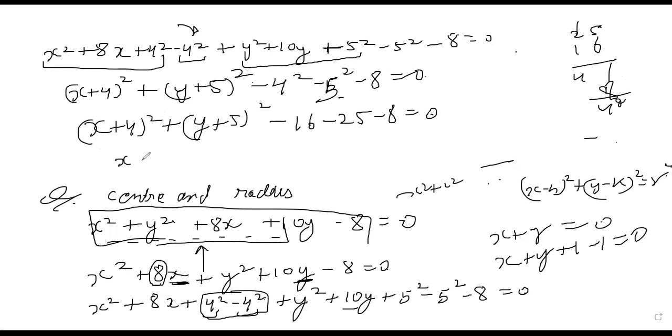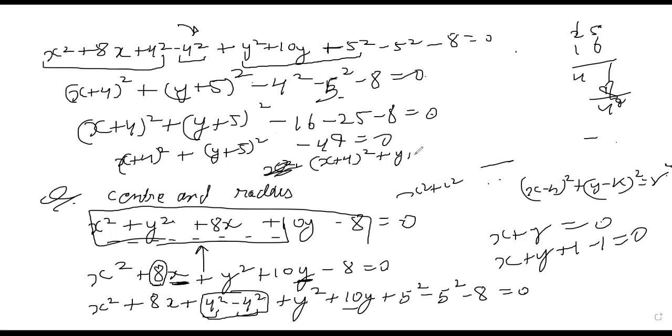So we got this equation as x plus 4 whole square plus y plus 5 whole square minus 49 equals 0. Now if we take minus 49 to the right side, x plus 4 whole square plus y plus 5 whole square equals 49.